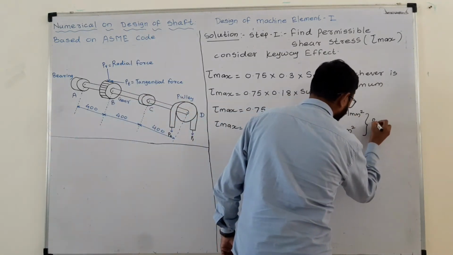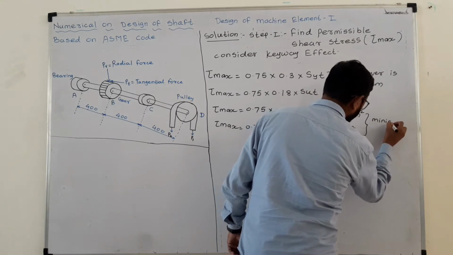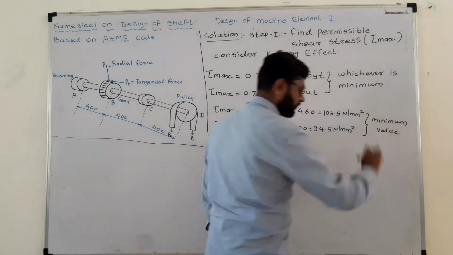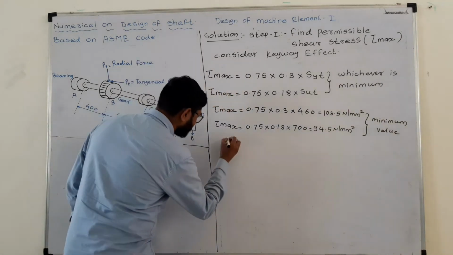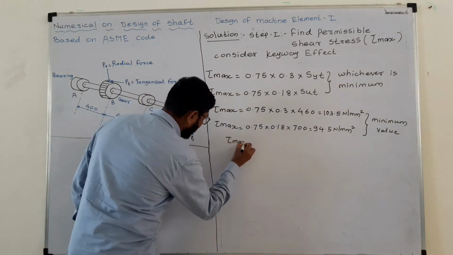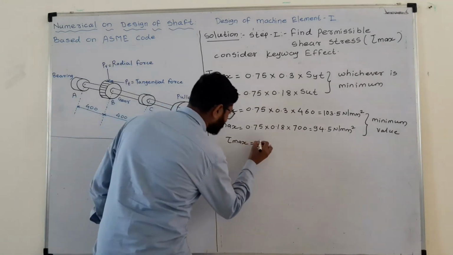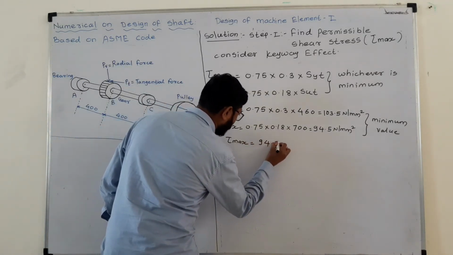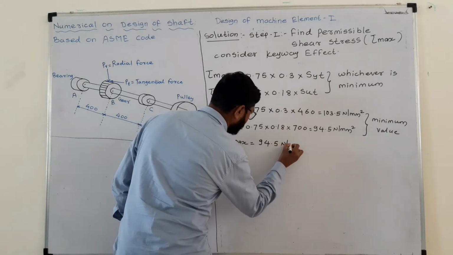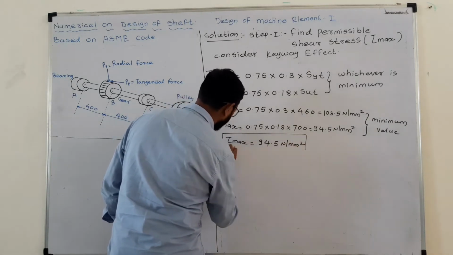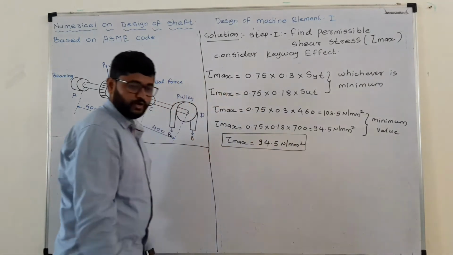We take the minimum value, so the permissible shear stress is 94.5 Newton per mm square.